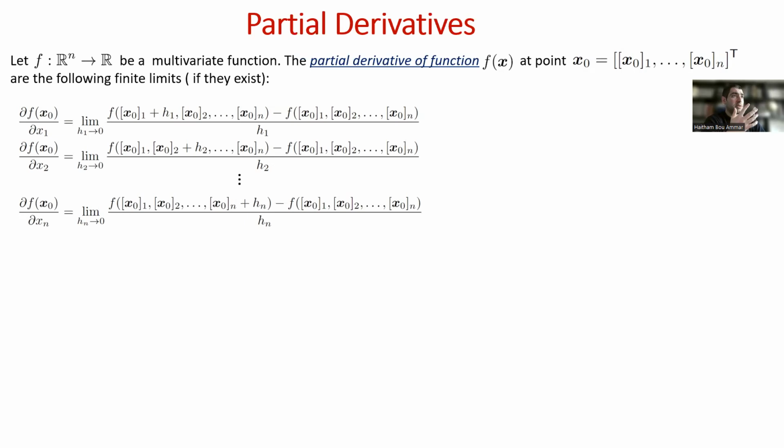A multivariate function takes as input not just a one-dimensional x, but an n-dimensional vector, and it outputs a real number. That's why we write that f maps from n-dimensional Euclidean space: it eats n-dimensional vectors and outputs numbers.